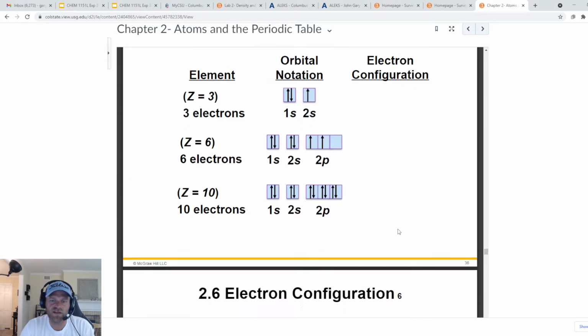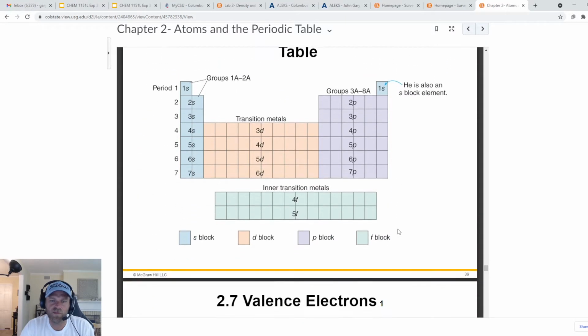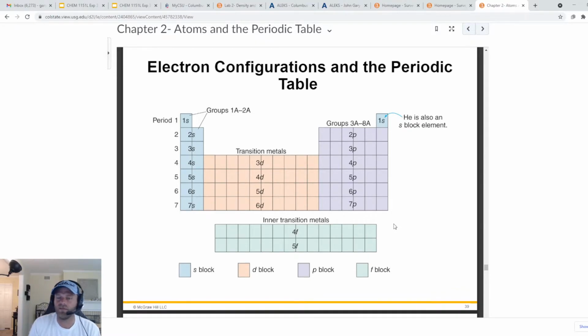So I'm going to skip down just a little bit till it shows me the periodic table, okay? So remember, we've separated everything into these groups, and one of the reasons behind how they're separated are these subshells, these electron energy levels. Remember, I said the s can only hold 2 electrons.